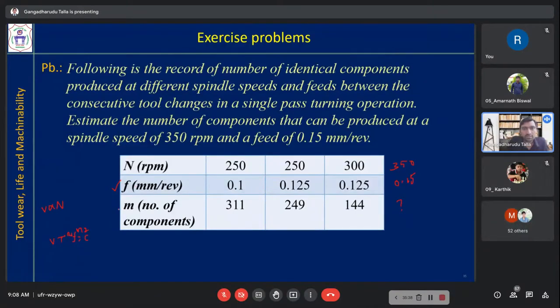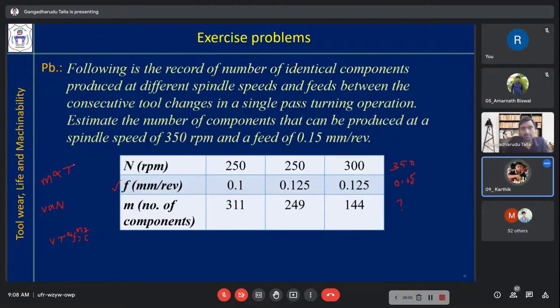Now, is there any relation between M and T? Is it inversely proportional? No, it is directly proportional. How? Because if time is increasing, you have more tool life, so you can get more components.